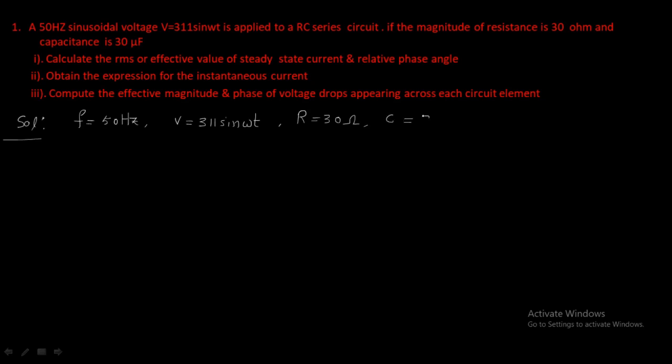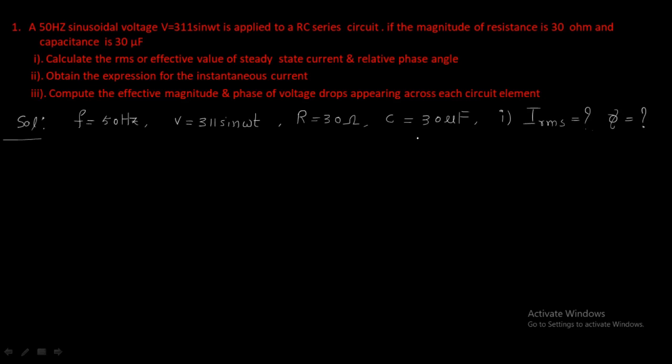The first question is to calculate the RMS or effective value of the steady state current and the relative phase angle. So he is asking to find the RMS value and the phase angle.